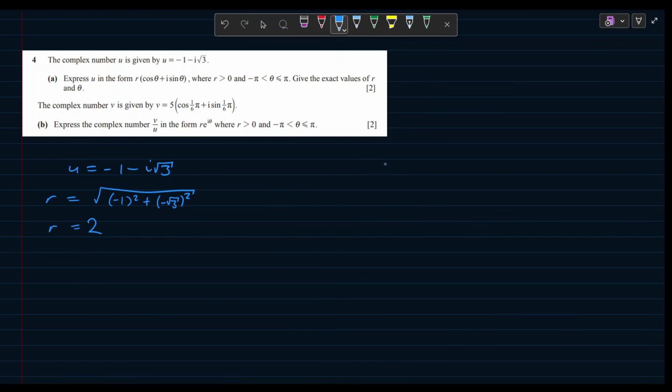So to find theta, let's draw our complex number on a complex plane. This is our imaginary axis and this is our real axis. So our complex number moves negative 1 unit in the real axis and then negative root 3 units in the imaginary axis. So that's almost negative 2 units.